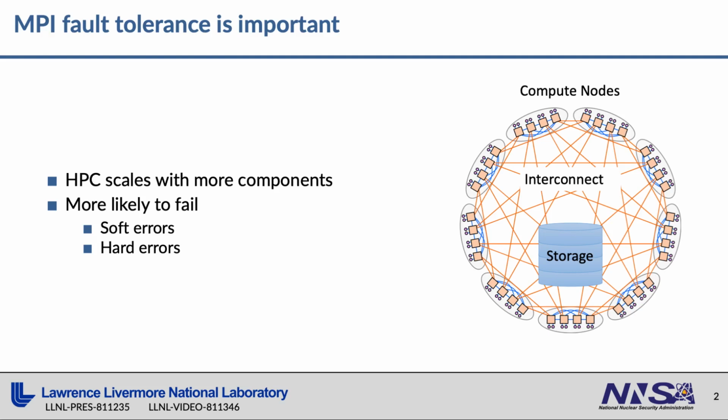One is soft errors, which are transient failures like bit flips happening in memory, not being correctable by ECC, and hard errors, when something is malfunctioning and stops working. These failures are especially relevant for MPI scale-out execution, and our research addresses this problem.